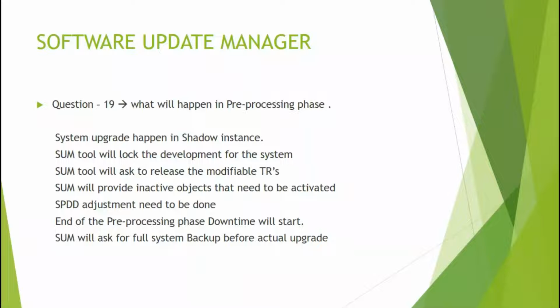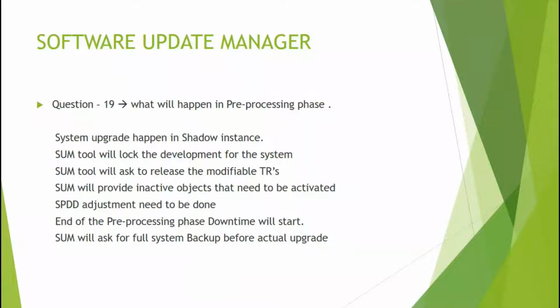You have to just connect with the TR owners and ask them to release the TRs, because as a Basis consultant you don't know what kind of modification or work is going on in these TRs. And once you are good with releasing the modifiable TRs, the SUM tool also checks the inactive objects in your system.